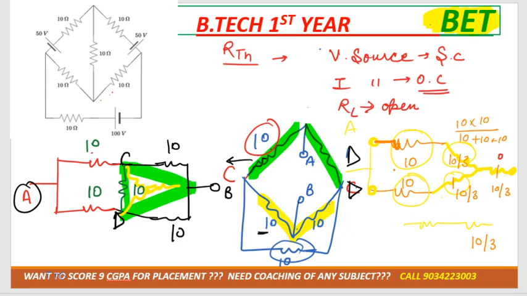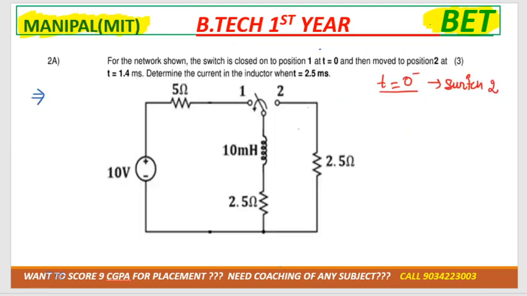This 10 by 3 and 10 would be in series, right? 10 plus 10 by 3. Again from below, 10 plus 10 by 3 is in series. So now these two are in what? In parallel, and then we can solve it. And then it will come in further series. So for this you have to use star and delta transformation.